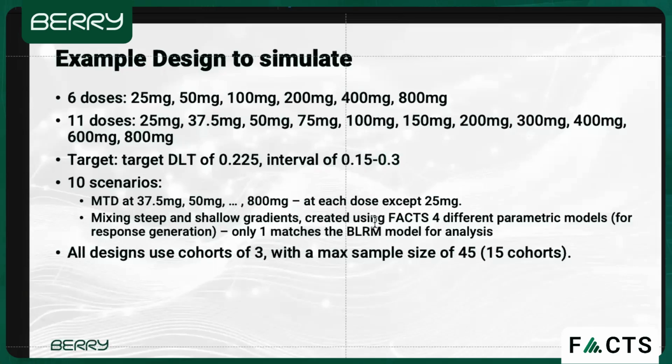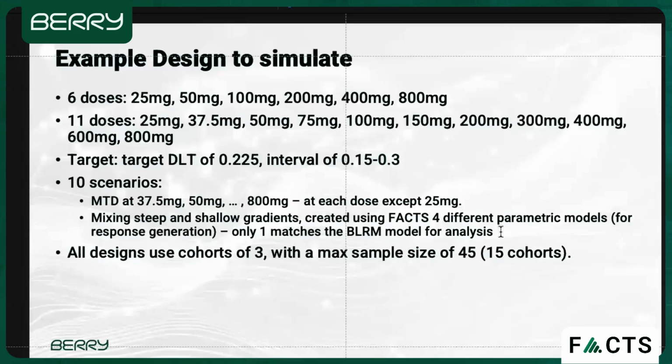And these were all created using 5 different parametric models, only one of which matches the BLRM model for analysis. So they're not favoring the BLRM by all actually turning out to be straight lines in the logit space.